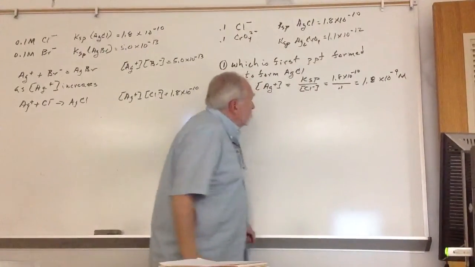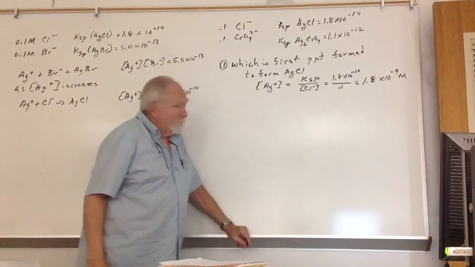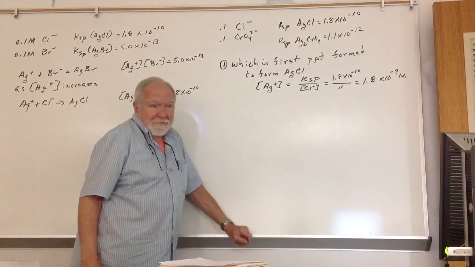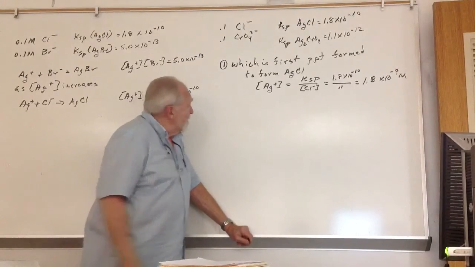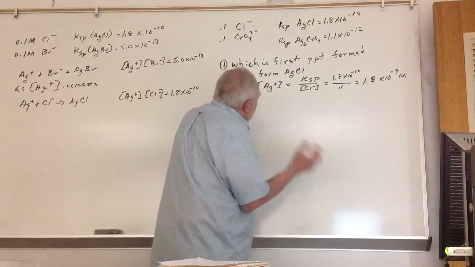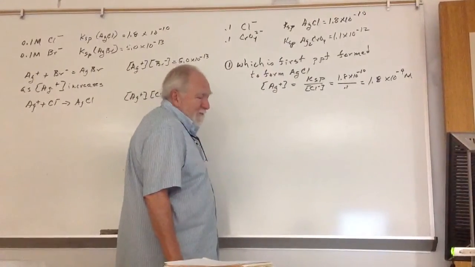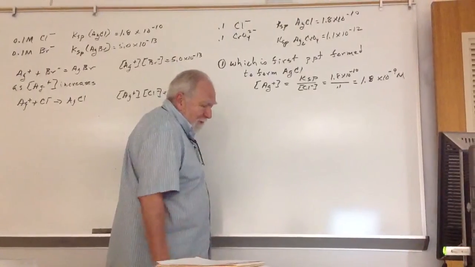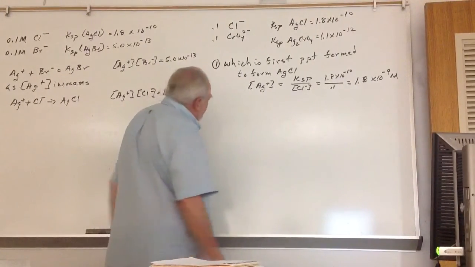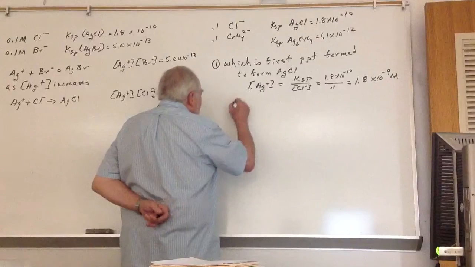Right? Okay. Then I do the other calculation, and here's where people get into trouble because they're still thinking about 1 to 1 to 1, and it's not 1 to 1 to 1, so you better write it down.